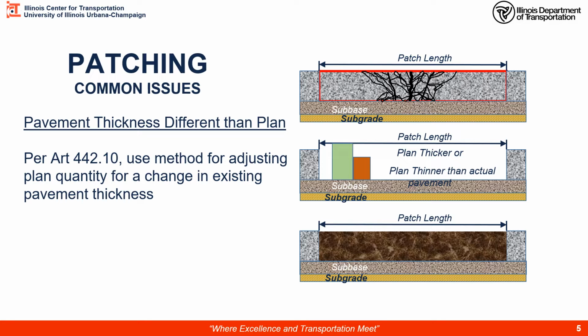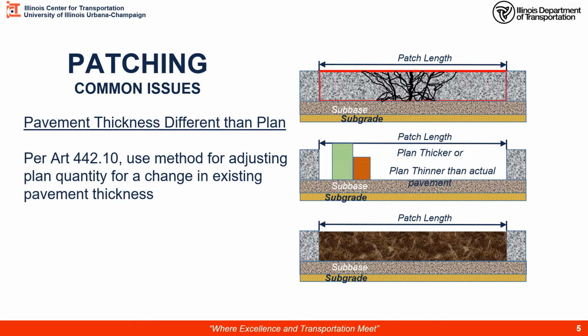We can't change their bid price, but we can change the quantity that we pay them to adjust for a patch that was thicker or thinner than was anticipated. We will show you in the method of measurement in pavement patching, Article 44210, using the method for adjusting plan quantity for a change in the existing pavement thickness different than plan.